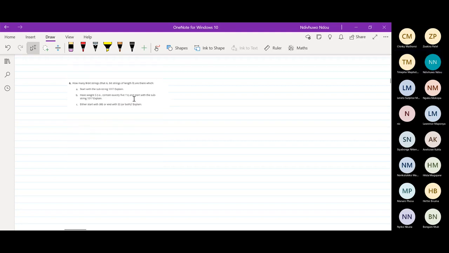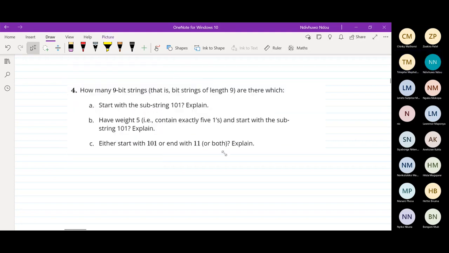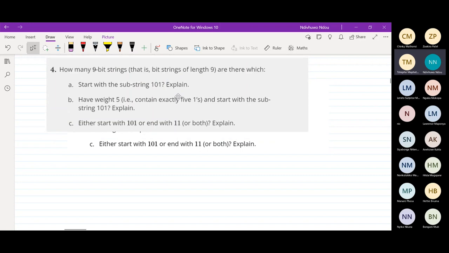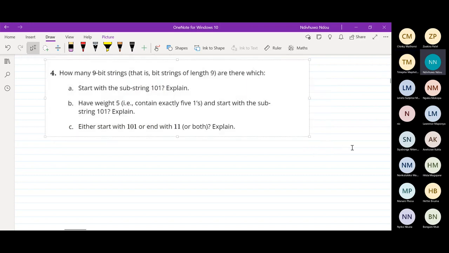You can just read out the question, Lerato. Okay, how many 9-bit strings, bit strings of length 9 are there?